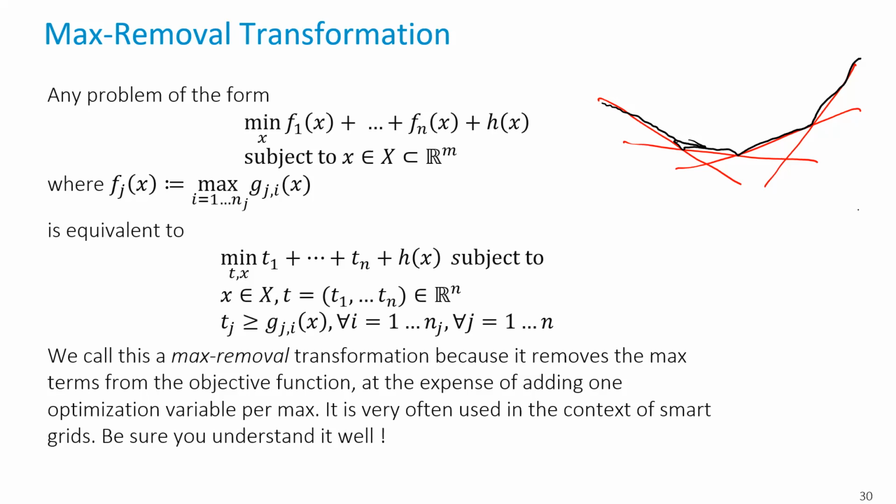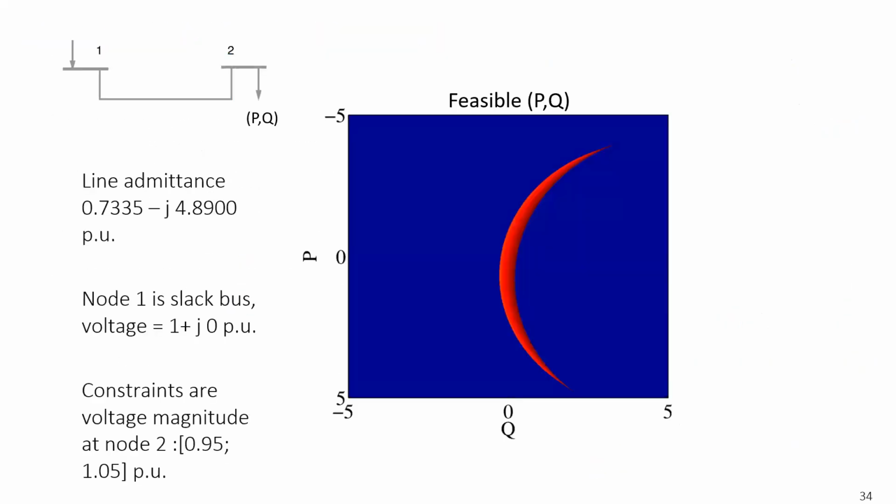And those linear approximations, if the function is convex, will become a max of linear things. And this max of linear things, we have now a technique to remove them entirely and transform our problem that was originally a convex problem into a linear problem. So that's one of the topics. And it will be important to be able to recognize this, because MATLAB will not solve for us problems that have max in them.